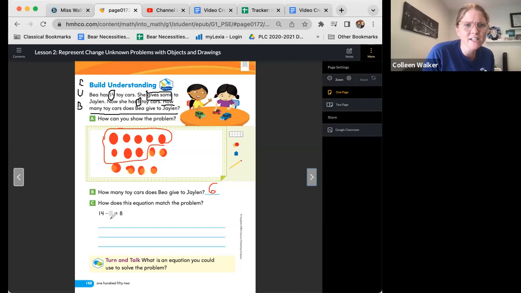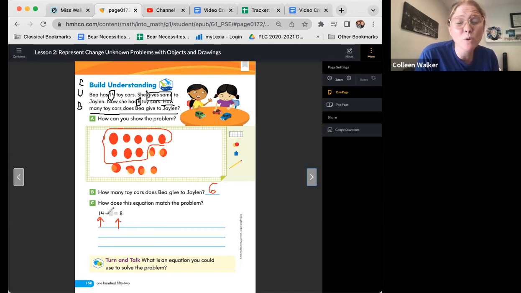That's correct. How does this equation match the problem? 14 minus box equals 8. How does that match the problem? What do you guys think? Yes, it tells us how many toy cars there were at the start and how many she had left.